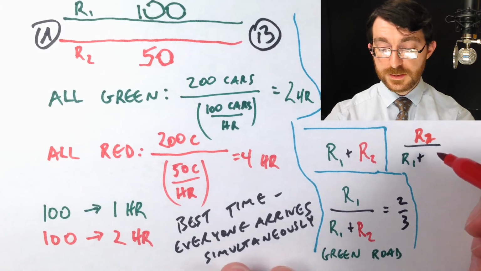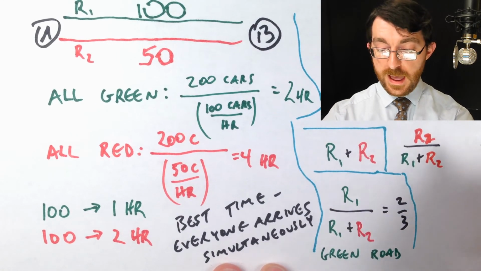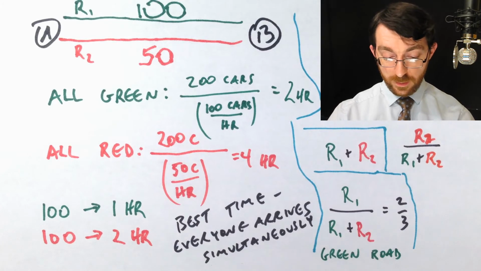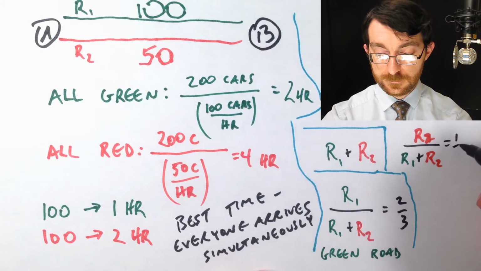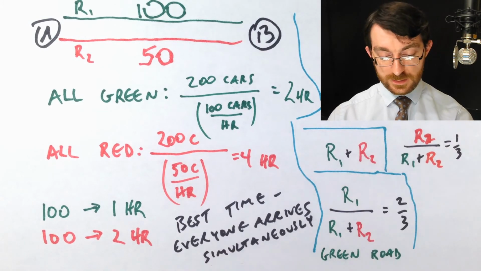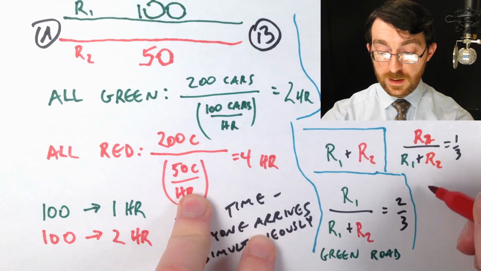And that's going to equal 1/3. And that is the amount of traffic that the red road can handle.